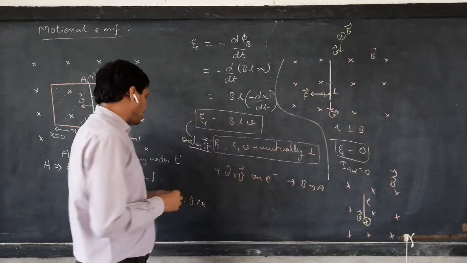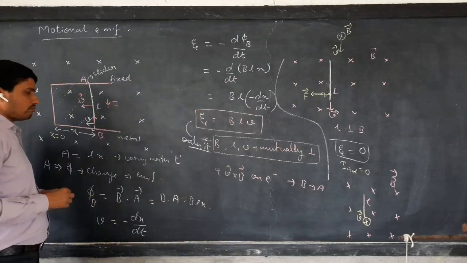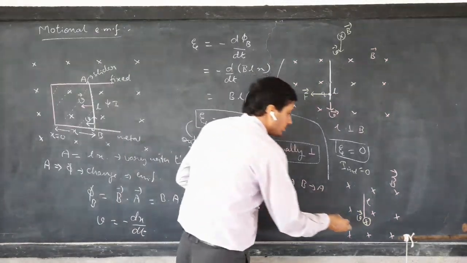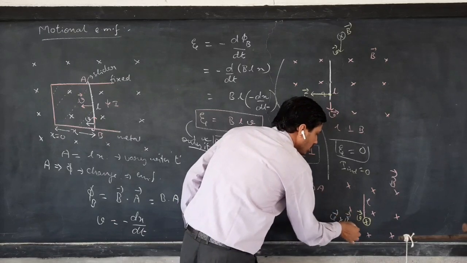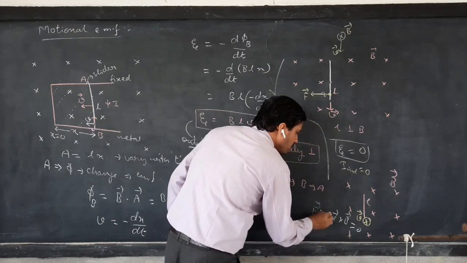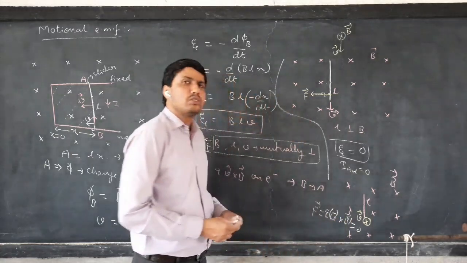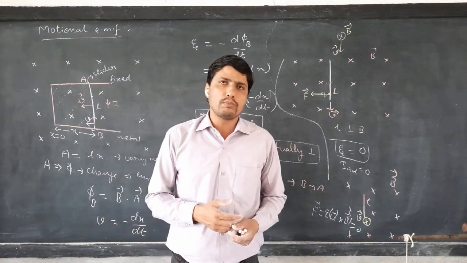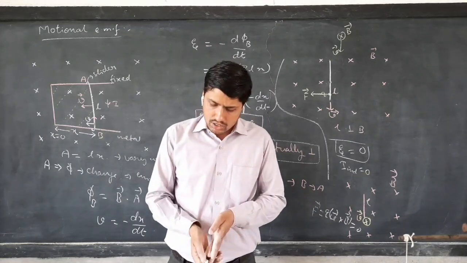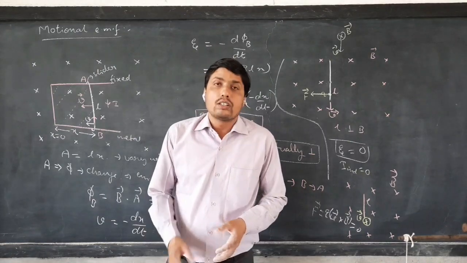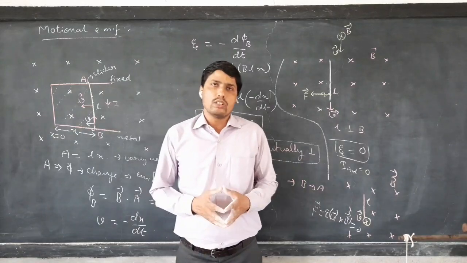the force becomes zero. In this case, V cross B becomes zero. And therefore F, which is Q times V cross B, also becomes zero. No magnetic force will act on that particular charged particle, and therefore it will not move along the length of the wire, and hence it will not cause any current induced in this particular wire.